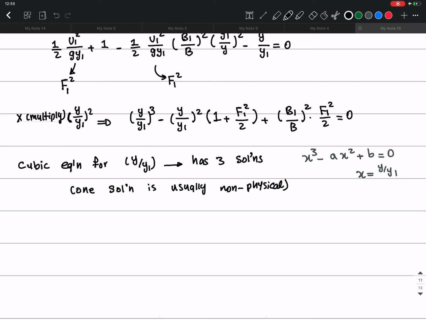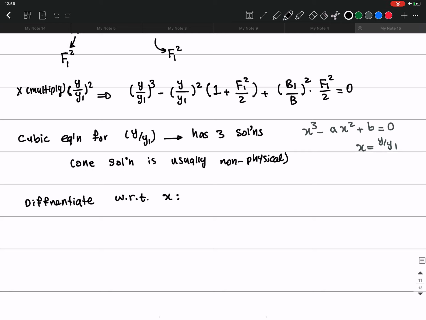So we have to solve this equation to get the exact solution, but what I want to do now is look at the variation of y with respect to x, the streamflow direction. So I'm going to differentiate this equation that I got with respect to x.